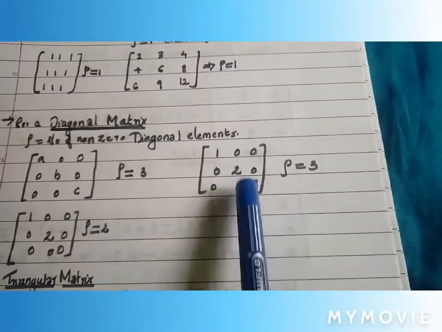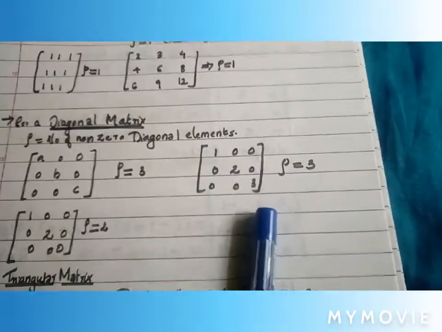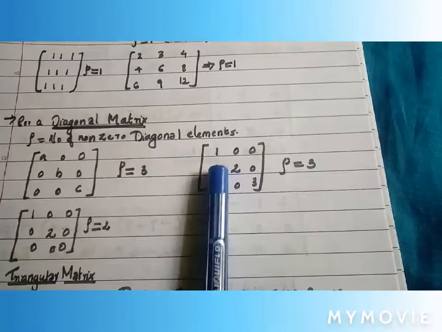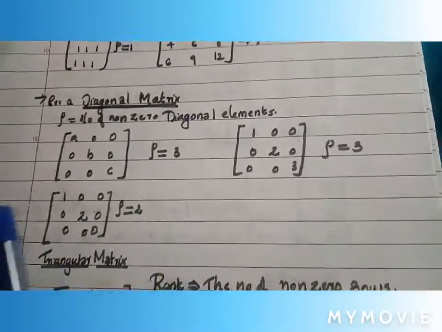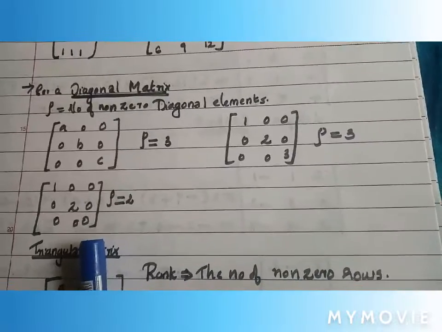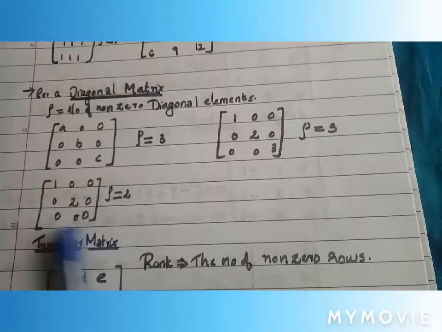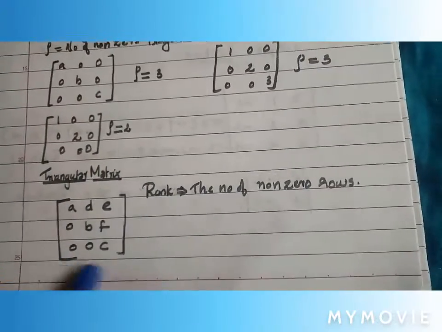In this matrix there are 3 non-zero diagonal values, that is 1, 2, 3, so it has rank equal to 3. Here in this diagonal matrix there are only 2 non-zero diagonal elements, that means the rank is equal to 2.